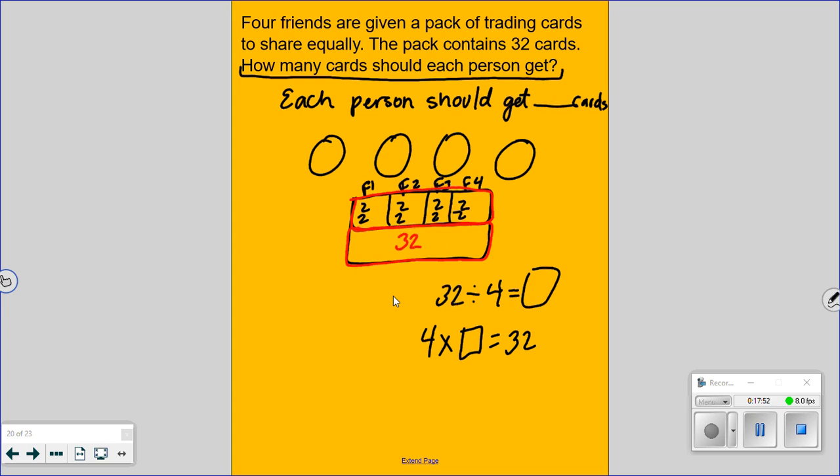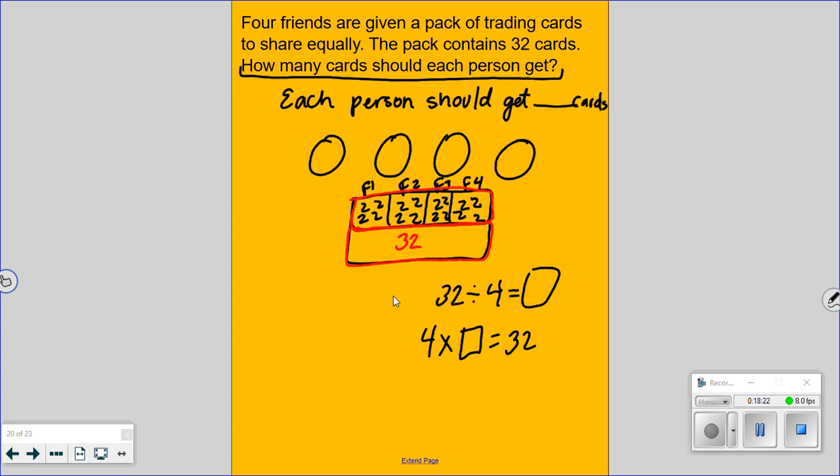I'm still pretty far away from 32, so I'm going to keep going. 16, 18, 20, 22, 24. I'm still kind of far away. I'm going to keep going 2 still. 26, 28, 30, 32.